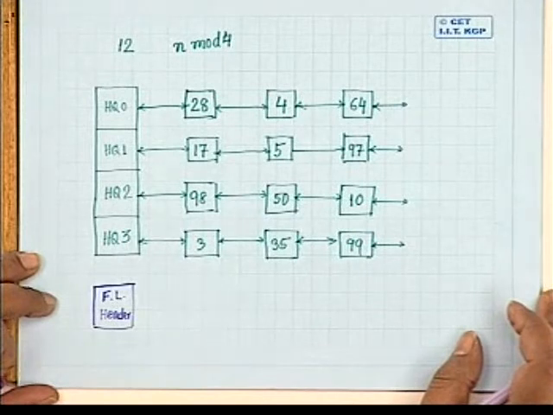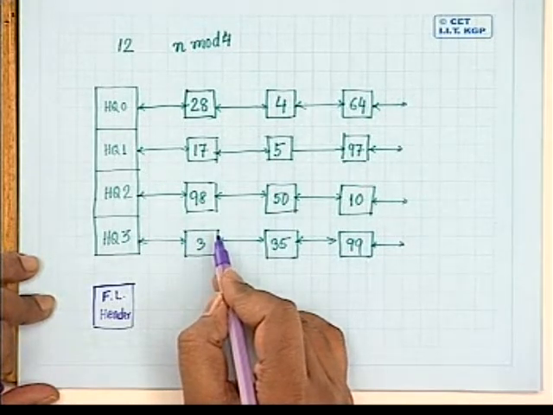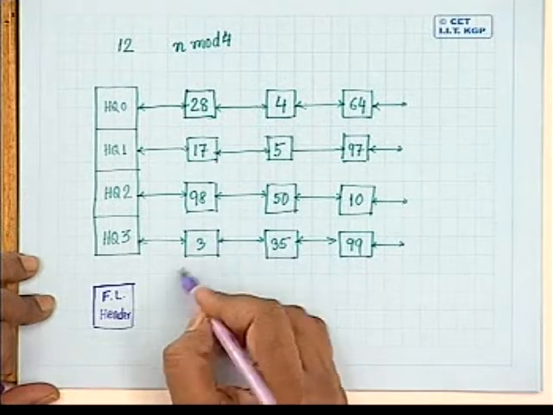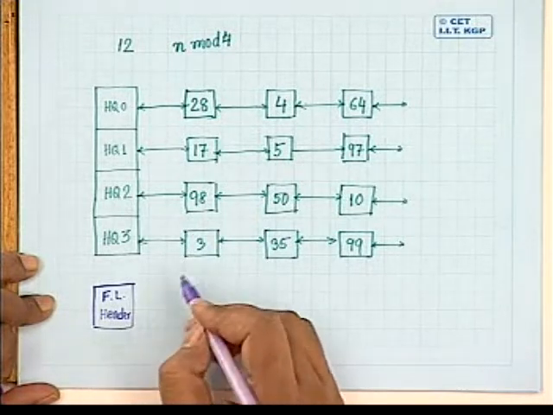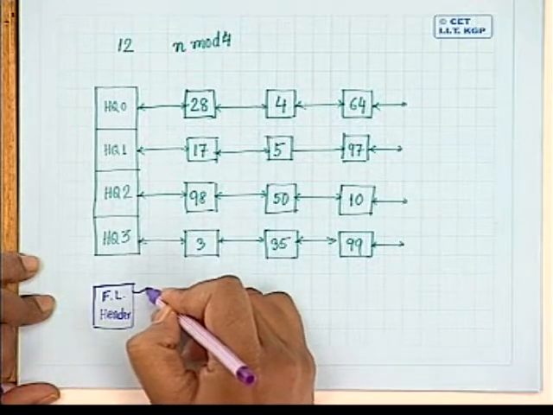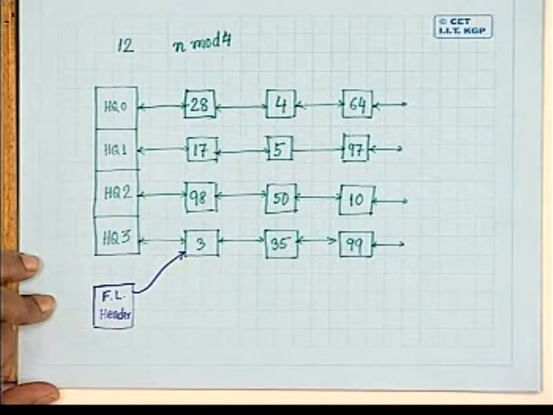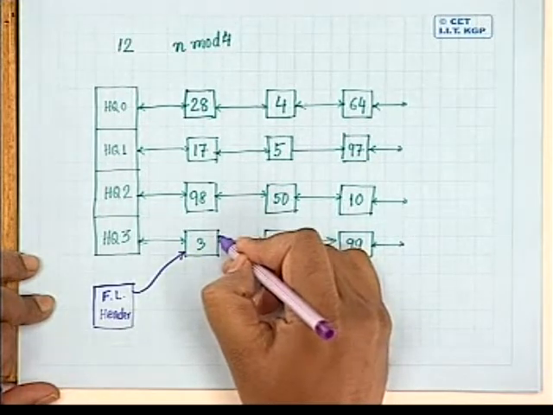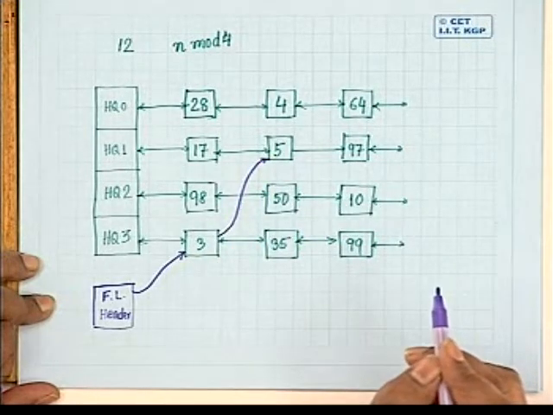Okay. Then it may so happen that the first buffer in the free list, which is the head of the free list, will be say the buffer containing block number 3. If I follow the forward pointer, this is the first buffer in the free list. The next buffer in the free list may be a buffer containing block number 5.